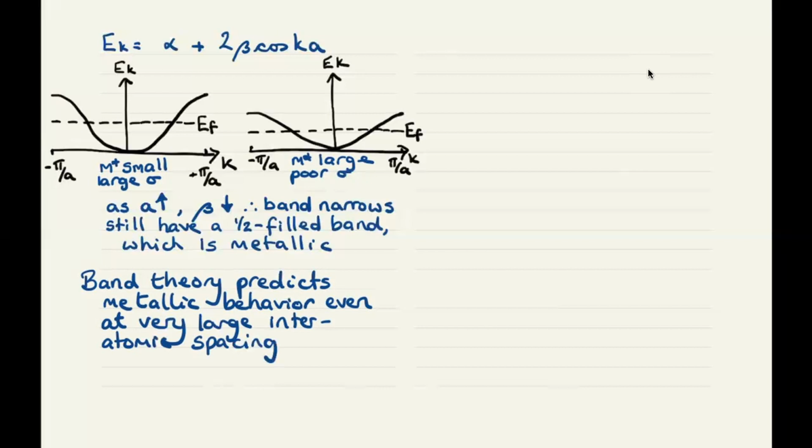And as we said at the beginning, this is unlikely. Eventually, the atoms are going to be so far apart that there's not going to be any conductivity between them.